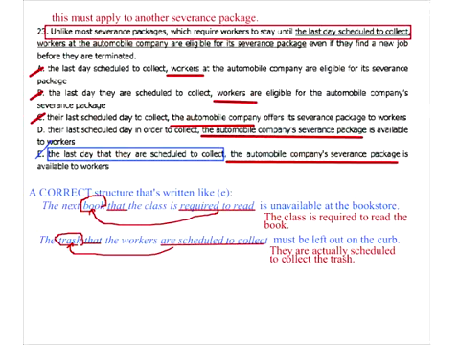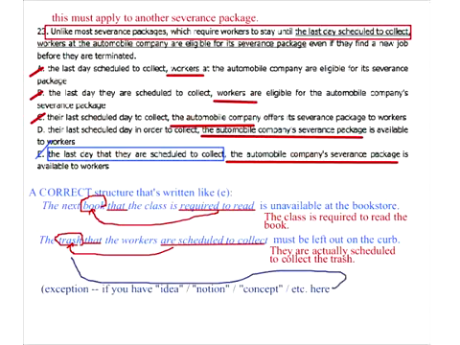The one exception to this structure that I can think of right now is if you have idea or notion or concept, etc. here in this spot. So let me give you an example of that.